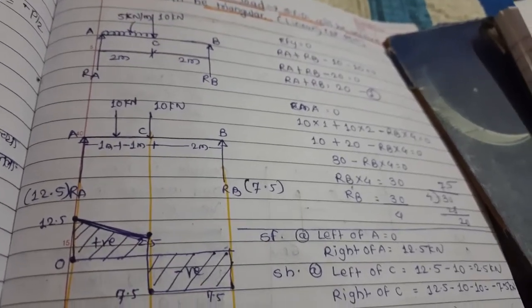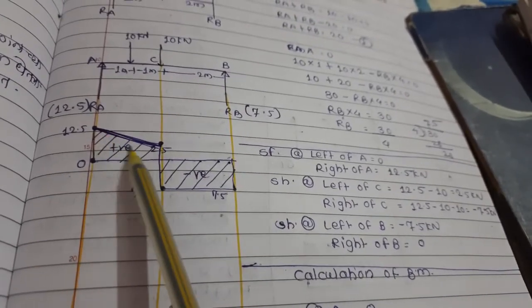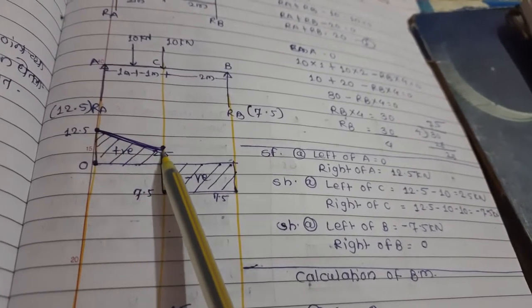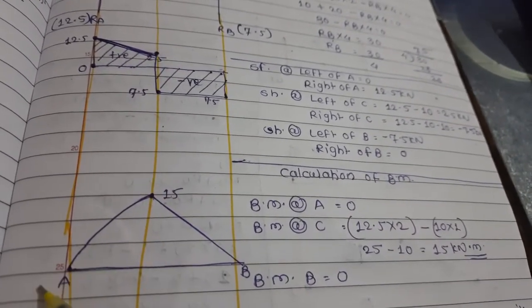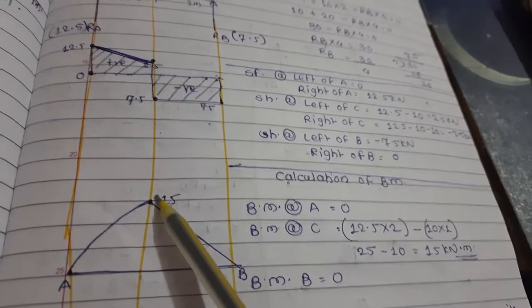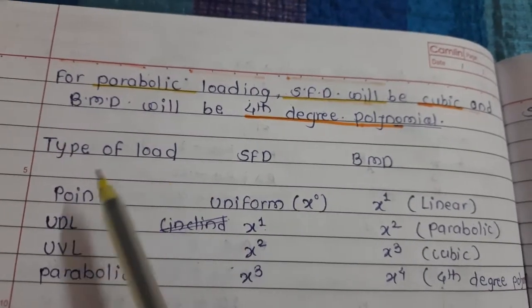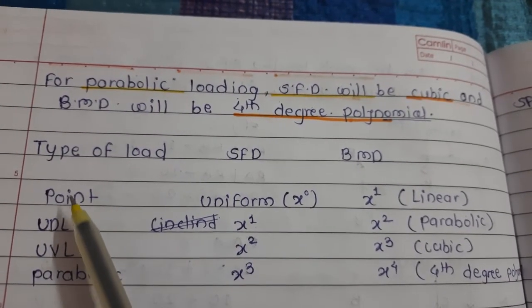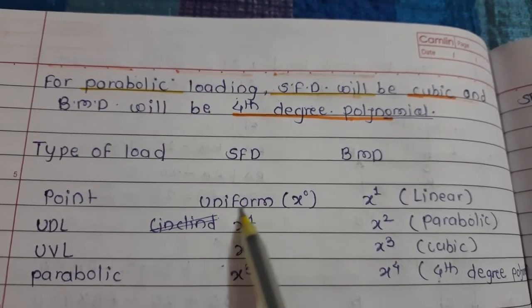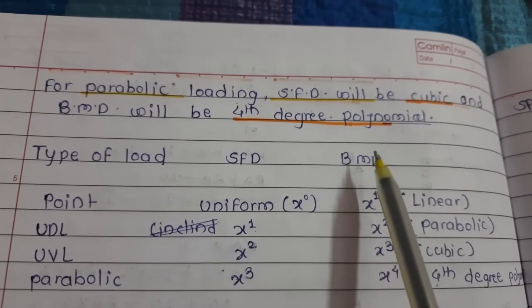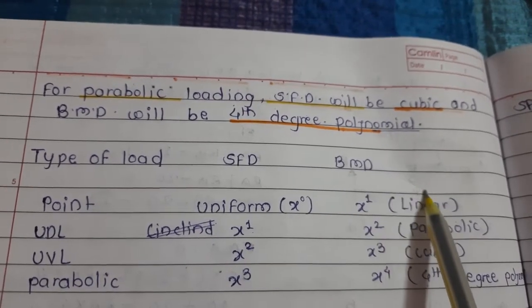And as usual, where in SFD we use this inclined line, what do we use in bending moment? We use this curved line, parabolic. From this chart: when we are given a point load, SFD is uniform and bending moment is linear, meaning an inclined line.